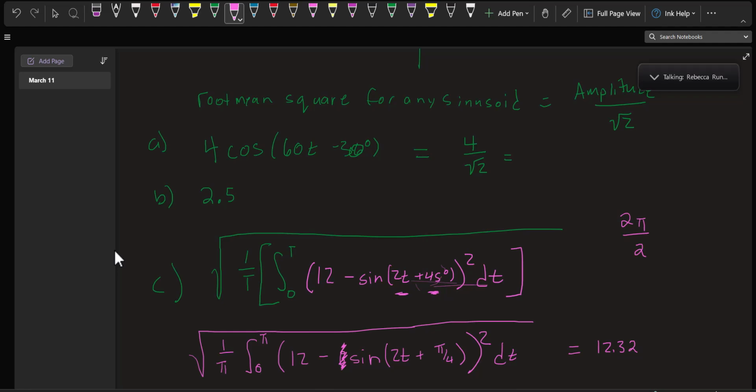So 0 to pi, 12 minus sine 2x plus pi over 4, close parentheses, squared dx, square root of all that, in radians. And it's thinking, and it didn't get the right answer. Oh wait, yeah, it did. It actually got the right answer. How about that? So 12.32 volts.